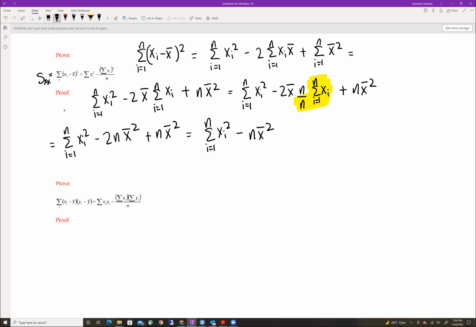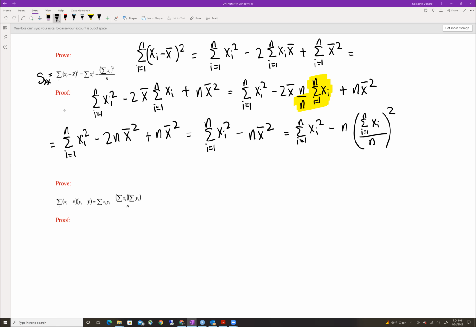Looking good so far. All right, we're going to convert back from the x bars to the xi's. So we'll take i equals 1 to n of the xi squareds minus n, and then we have that squared piece. We have the x bars in here. So this is the summation i equals 1 to n of the xi over n.